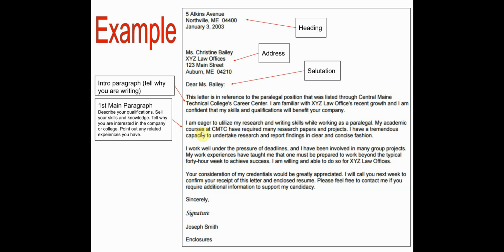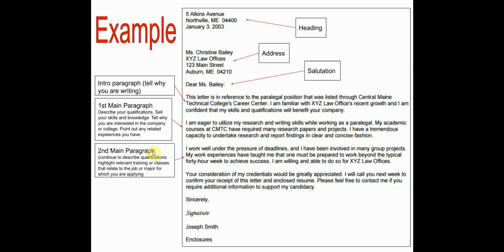My academic courses at Central Maine Technical College have required many research papers and projects. I have tremendous capacity to undertake research and report findings in clear, concise fashion." So that first main paragraph talked about their experiences and skills, right?